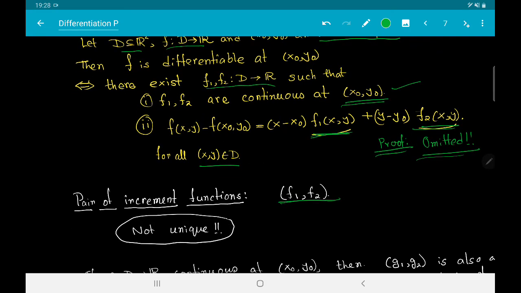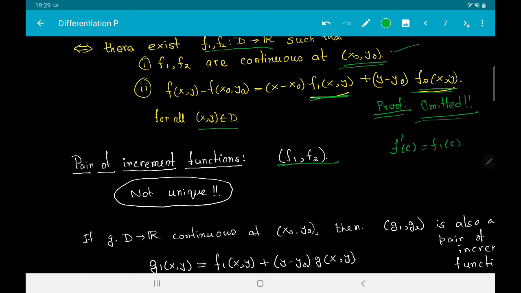Because at all the points where the function is differentiable, we had that f prime of c is equal to f1 of c. But here there is a surprise: this function is not unique.